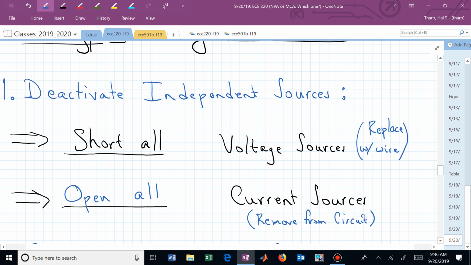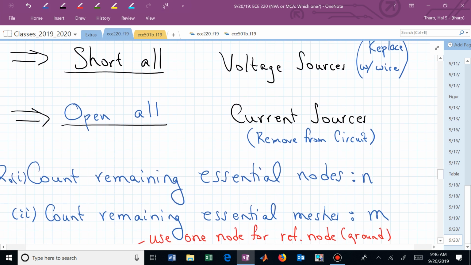Again, this is just a preliminary step. We're not going to do this to analyze the circuit. We're just trying to figure out NVA or MCA. We'll have to put all this back together after we've made the decision.